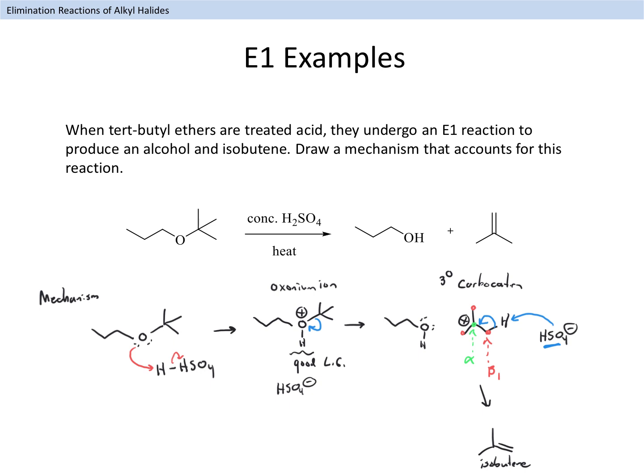This E1 mechanism involves the formation of a stable carbocation intermediate, and the subsequent elimination of a proton to form the final products, isobutene and propanol. Through this step-by-step mechanism, we see how the reaction conditions favor the E1 pathway, leading to the formation of an alcohol and an alkene from the original ether.